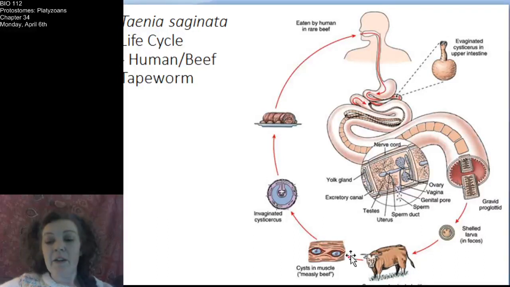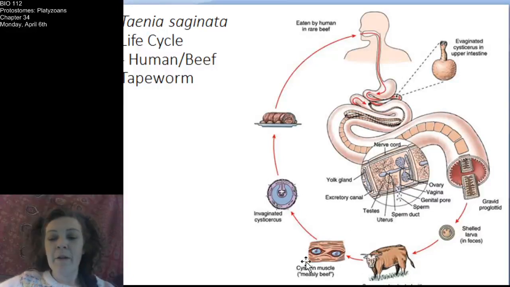Those larvae will encyst within the muscle. Notice that's the intermediate host. Just like with the fish with the trematodes, the flukes, those encysted larvae are then ingested by humans.